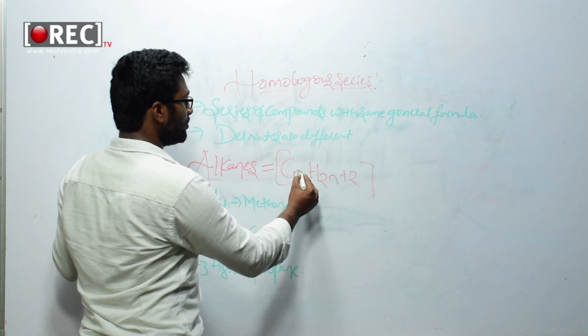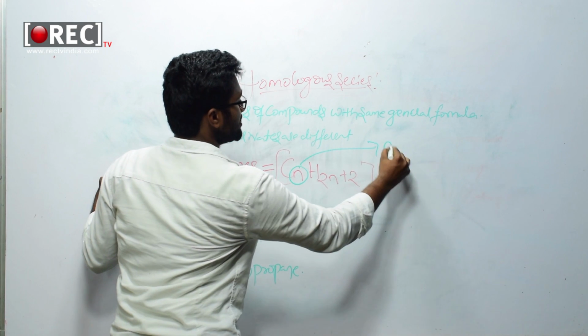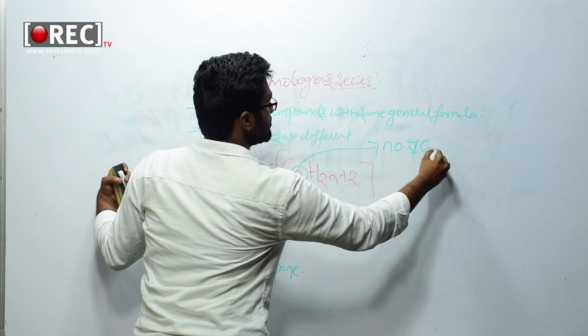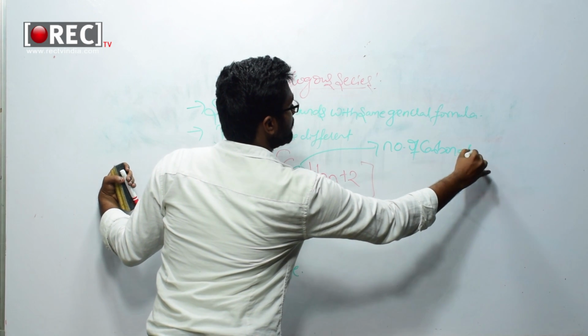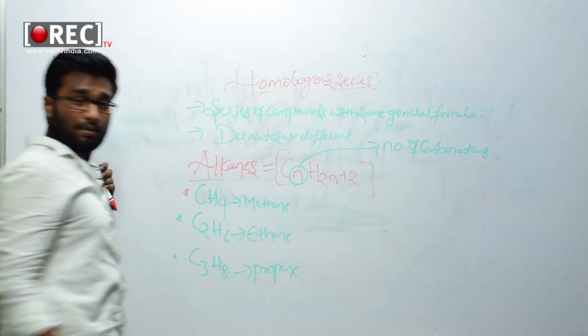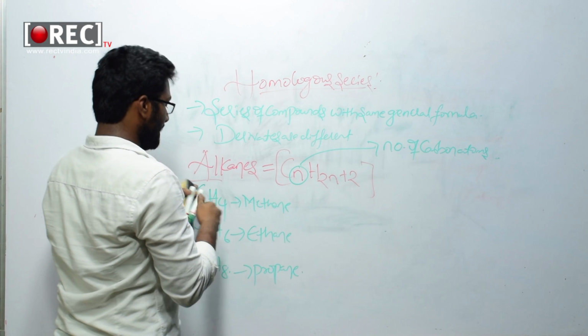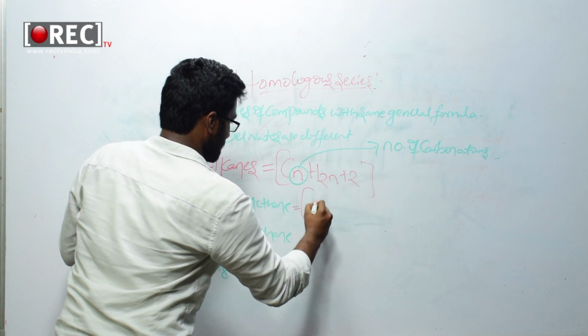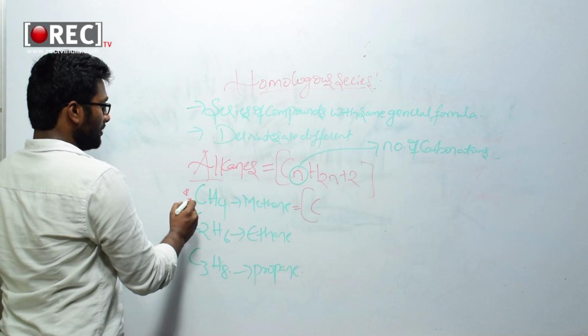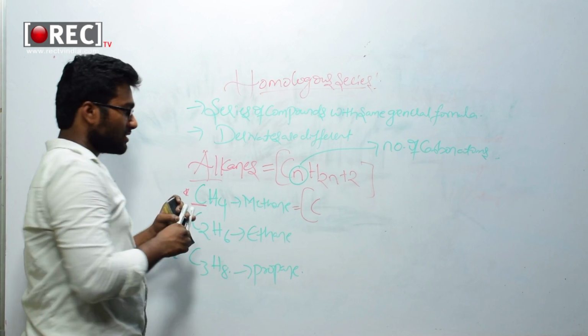The important thing to remember here is n represents the number of carbon atoms. Let me derive this. C, here the number of carbon atoms is 1.